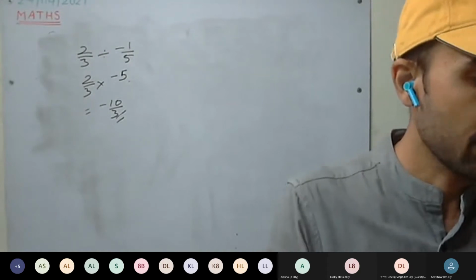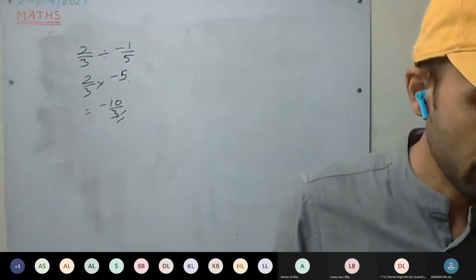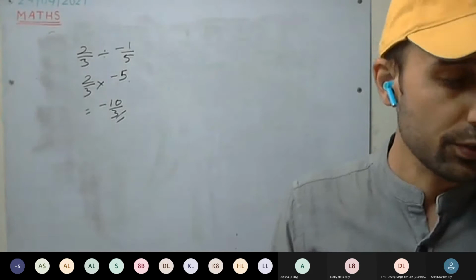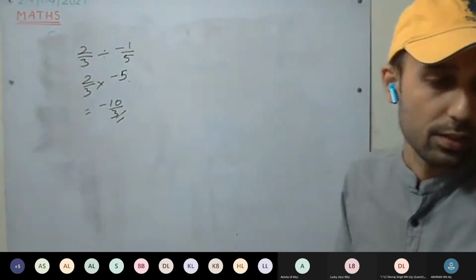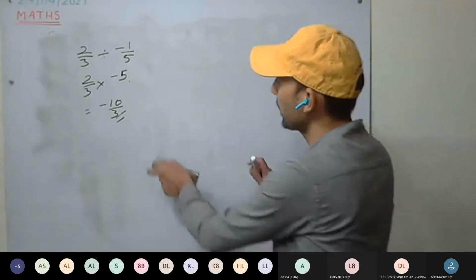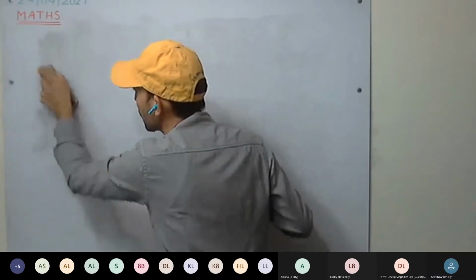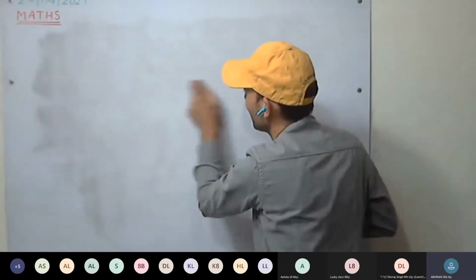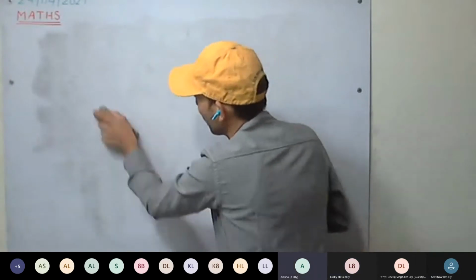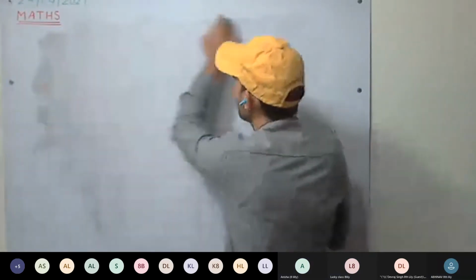Third one you do. Third one is commutative property. Everyone solve in your notebook. We have to see whether they are equal or not. So it's a commutative property. So is it going to be true or false? False. Okay, prove it. Take the left hand side.